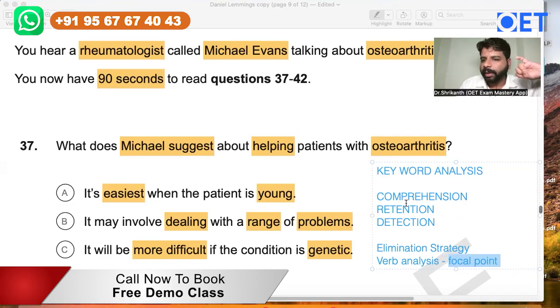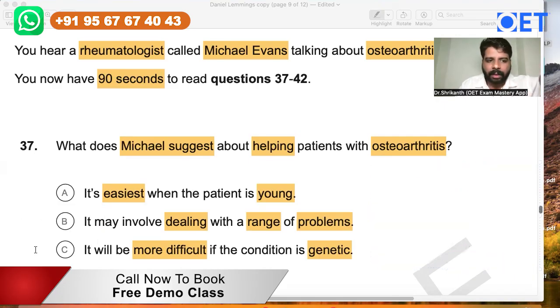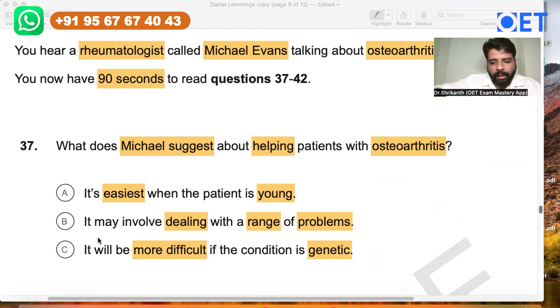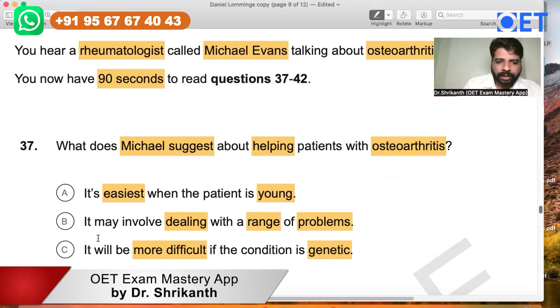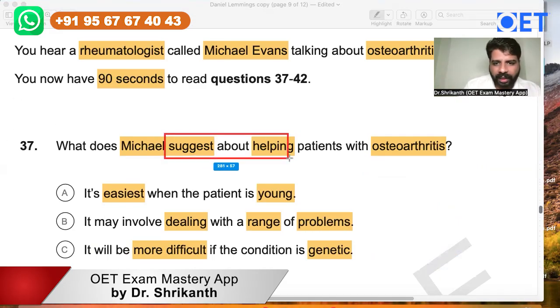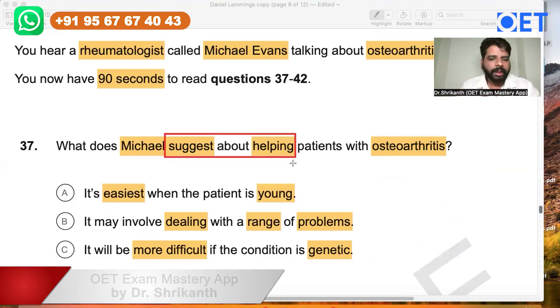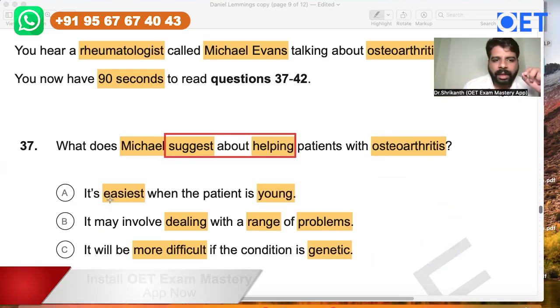So remember comprehension, retention, detection. We have done the keyword analysis like this. Now let's see what the verbs are over here, that is, what the focal points of the answer options are. Here, suggestion about helping is what you need to find out. The first answer option is, it is easiest when the patient is young.